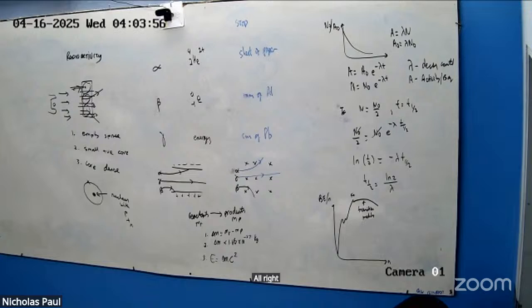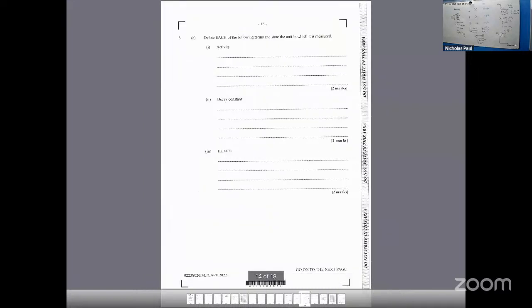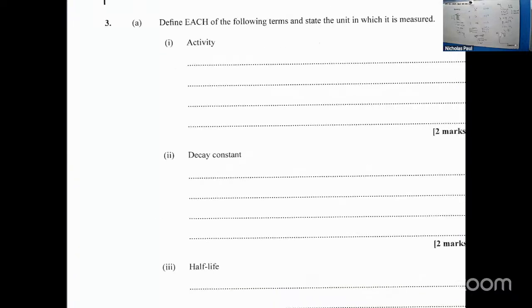All right, 2022, right? 2022, number 3. All right, let's start here one time. 2022 number 3.